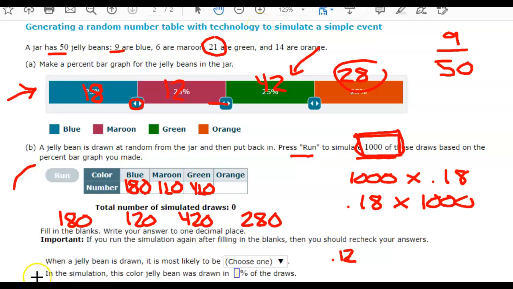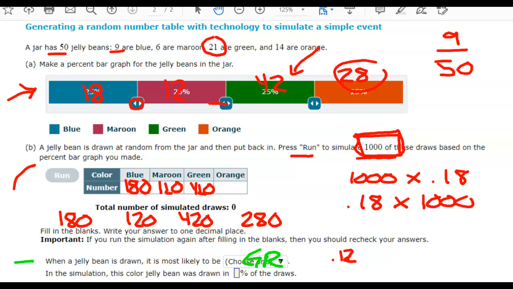So when a jelly bean is drawn, it's most likely to be what color? So it's definitely most likely to be green. So down here we would choose most likely to be green, okay?